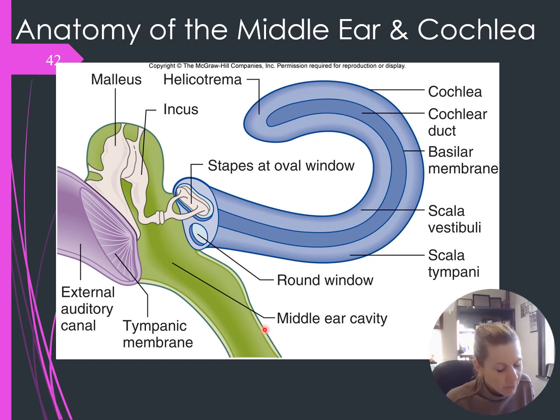Okay, so the inner ear, which you can see here in blue, has a couple different things going on. We have the labyrinth, which is filled with fluid, and that's going to be part of our equilibrium system. We also have 3 semicircular canals, which are important for the vestibular system as well. They're in charge of balance and things like that. And then we have the cochlea, which is the last portion of this hearing process.